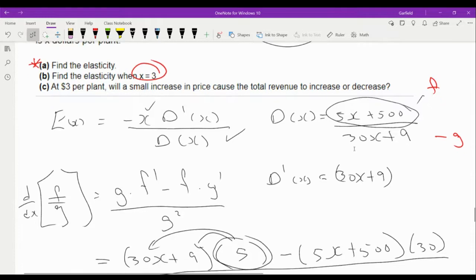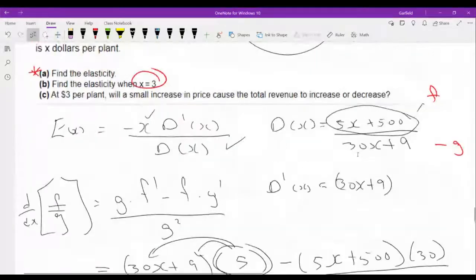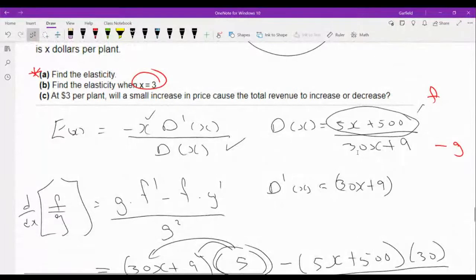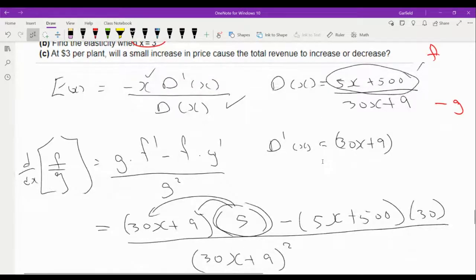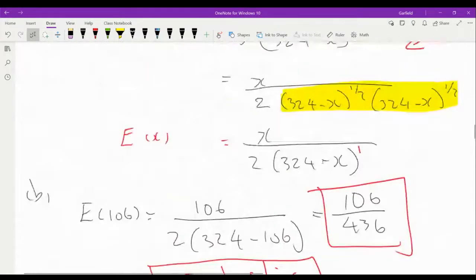Now for part C, it depends on the answer for part B. It says at $3 per plant, which is what we just did, will a small increase in price cause the total revenue to increase or decrease? Well, it goes back to what we said earlier up here.